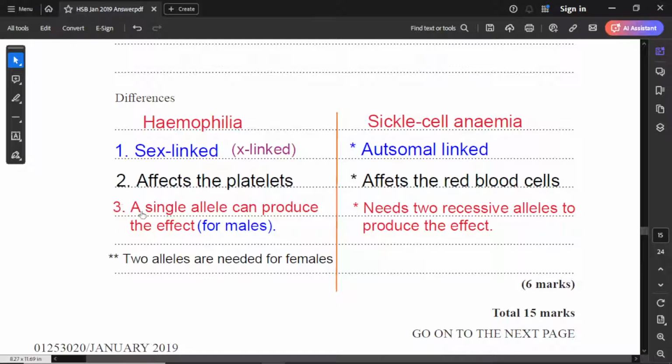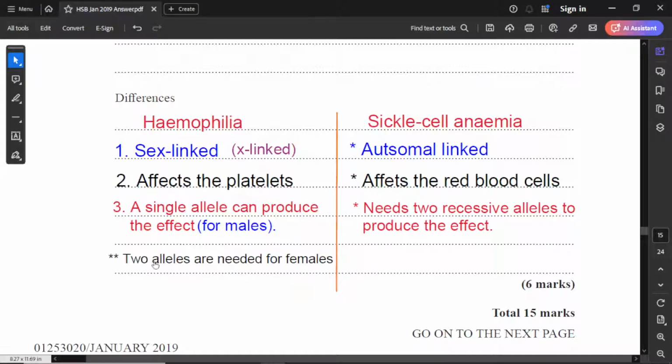The third one we have here is that a single allele can produce the effect in males. Just to make a note, in males you can have only one allele that causes that. The reason for that is because it's X, and males only have one X chromosome. So if that X chromosome is affected, then the male will show that symptom. For sickle cell anemia, it needs two recessive alleles to produce the effect.